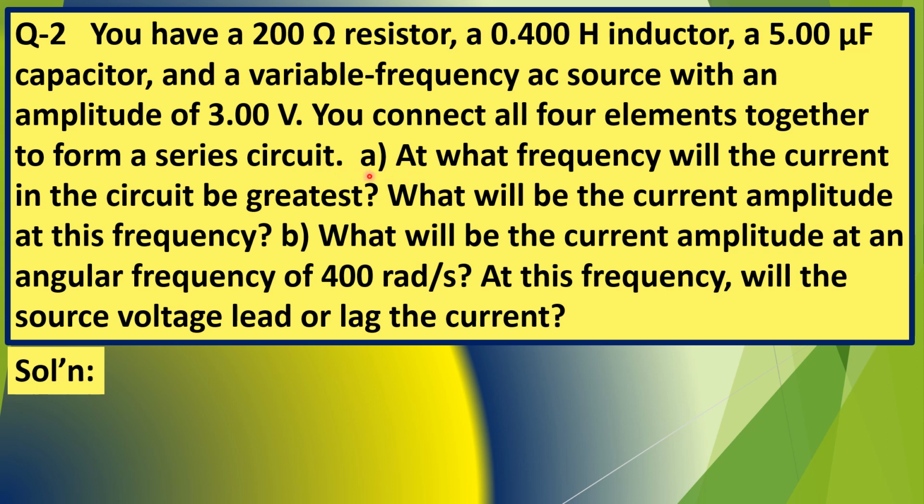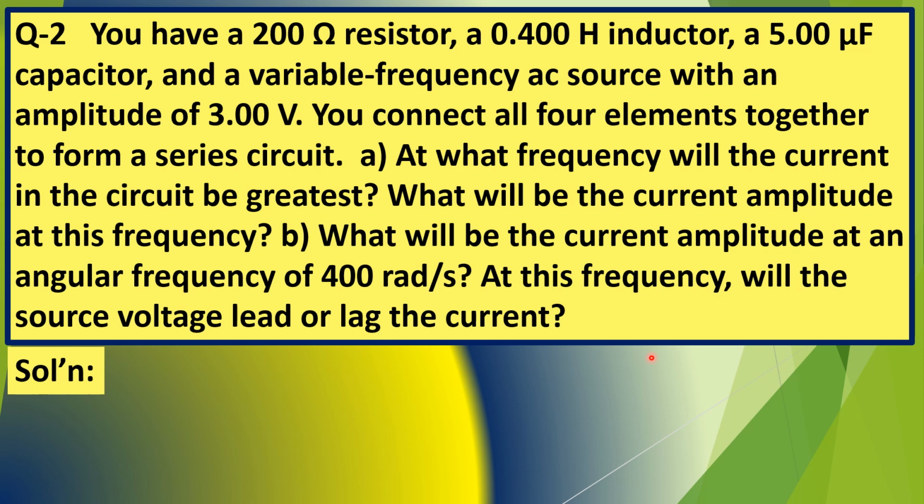Question letter A. At what frequency will the current in the circuit be greatest? What will be the current amplitude at this frequency? Question letter B. What will be the current amplitude at an angular frequency of 400 radians per second? At this frequency, will the source voltage lead or lag the current?